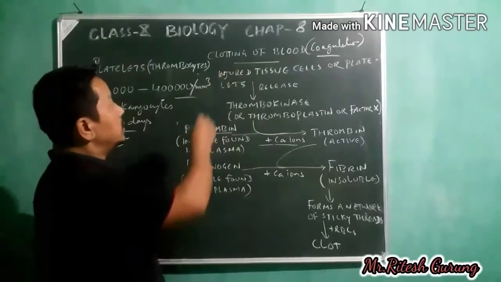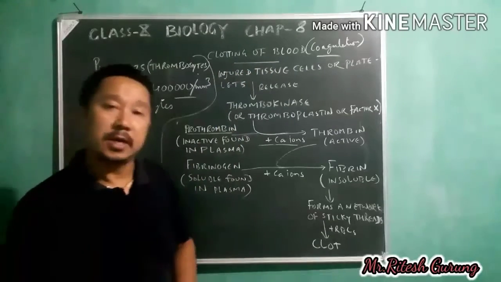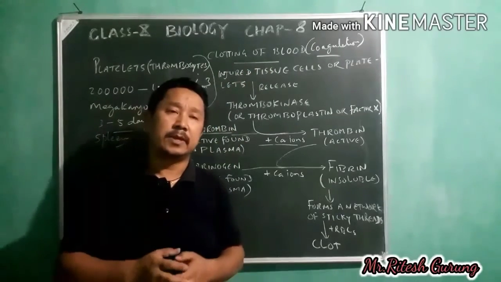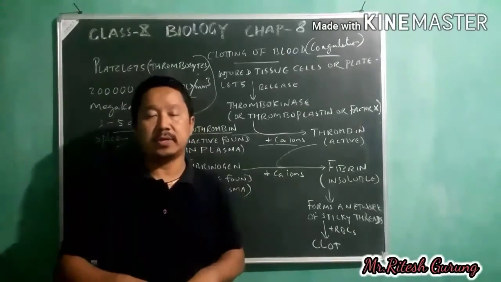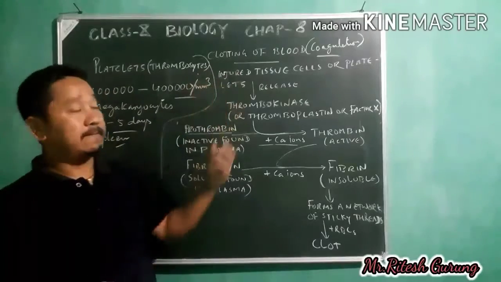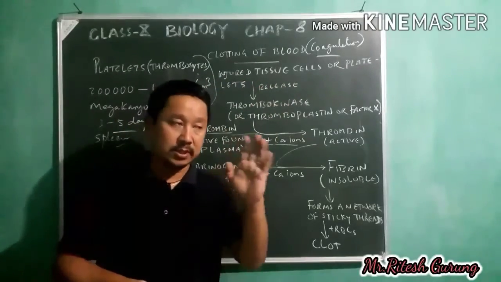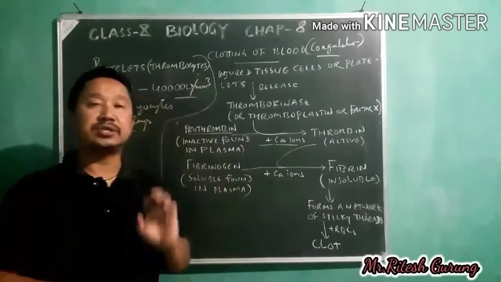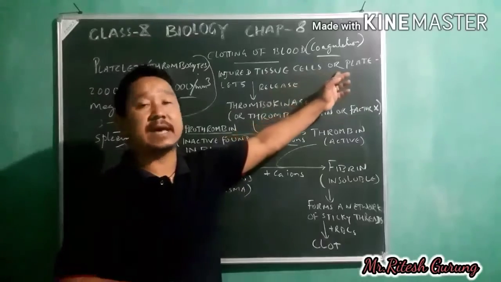Let us go to the clotting of blood now. Coagulation of blood. When a part of the body is injured or cut, the tissue cells get damaged. In the injured region the tissue cells get damaged, or the platelets get damaged there.